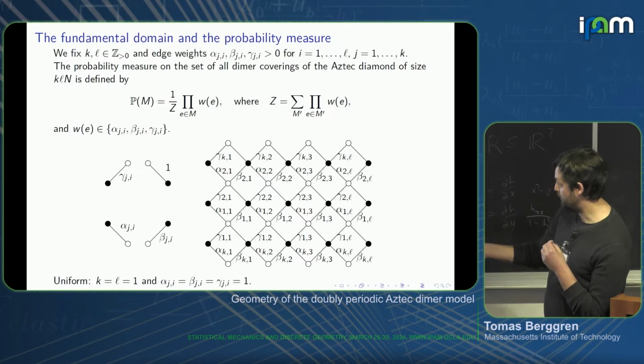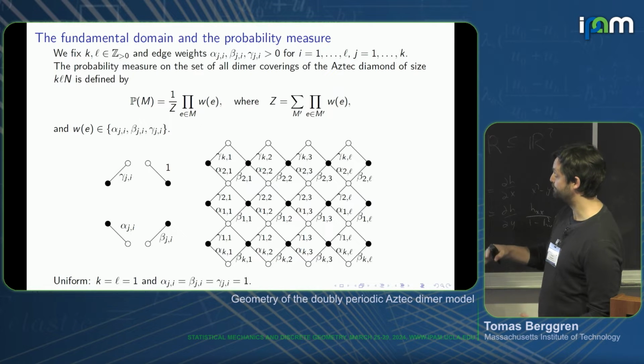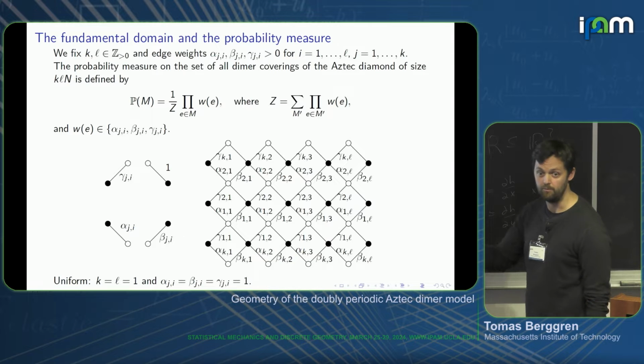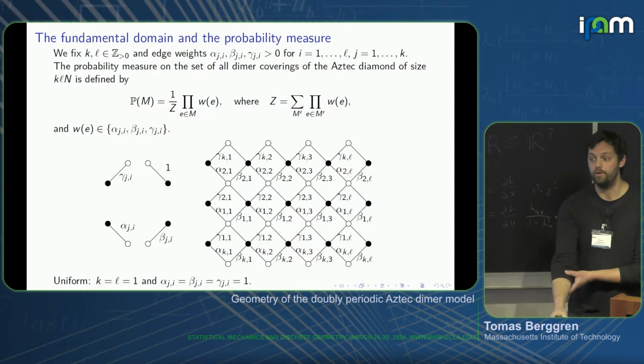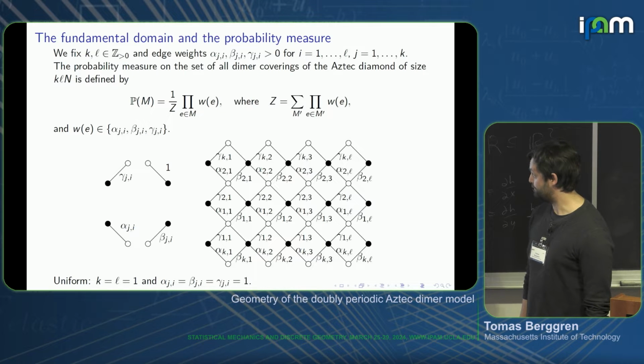And we have a similar thing, but with periodicity K in the vertical direction. So here we have alpha 1,1, alpha 2,1, alpha 3,1, and so on, up until we arrive at alpha K,1, and then we start over with alpha 1,1, and so on. And similar for the other ones. So these are the periodic edge weights.